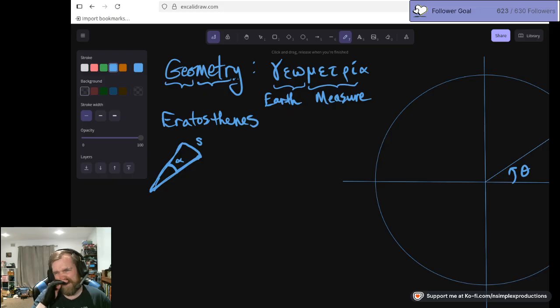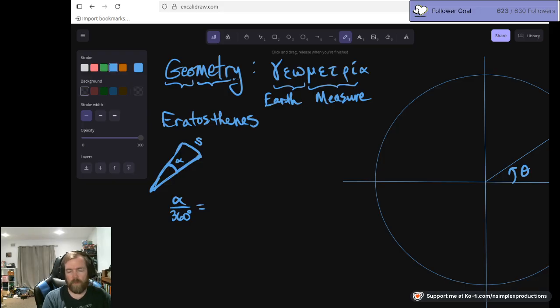He worked out the angles to the sun from where he was in each of these locations, which effectively gives him latitude. And then he said, these locations are roughly speaking north-south of each other, and he knew how far apart they were, in this case S, and he said, okay, alpha over 360 degrees is going to be the same proportion.